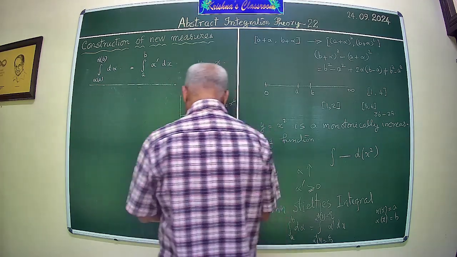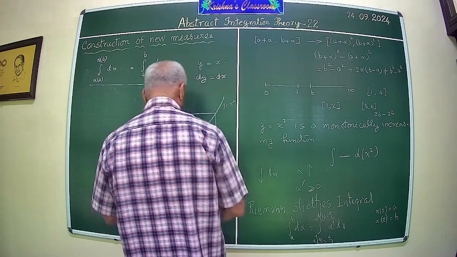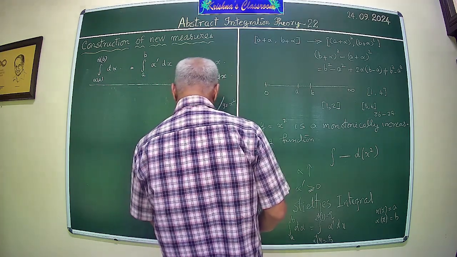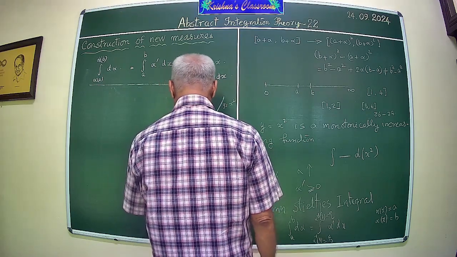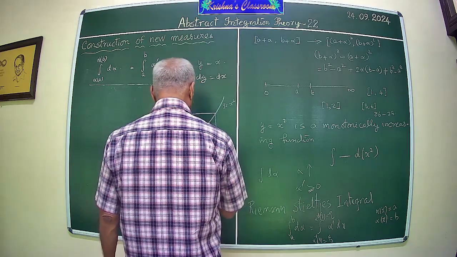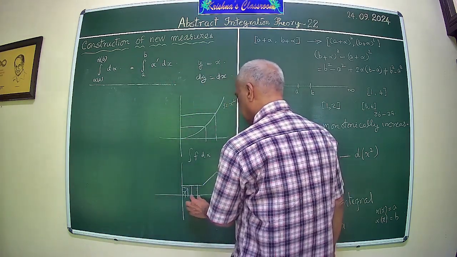So if you take a function f defined on this interval and integrate, then there is no contribution coming from this part at all. When you take f d alpha, you are not going to get any contribution from this part of it.